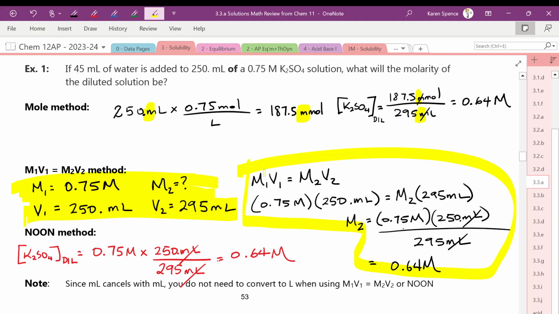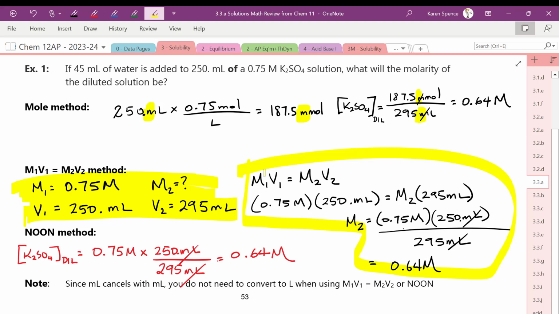The Noon method for doing a straightforward dilution is my favorite just because it makes the most sense to me, because I'm using a dilution factor. I started with 250 milliliters, I finished with 295. That's the fraction that my concentration is going to be. I don't know why that works in my head. If it doesn't work for you like that, then you can say, no, I like a different method.